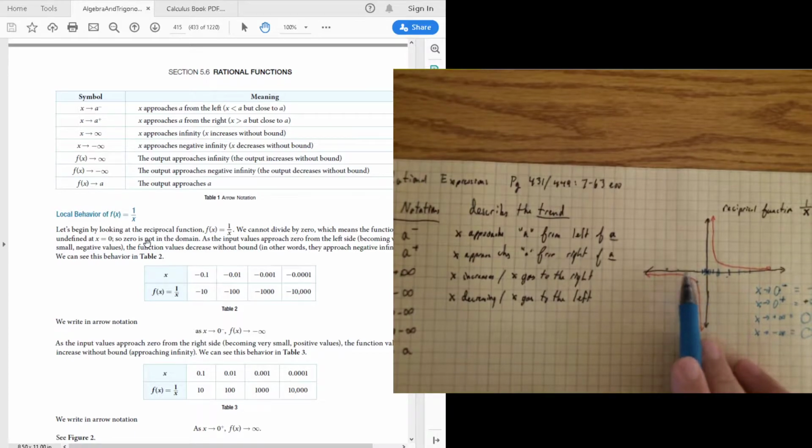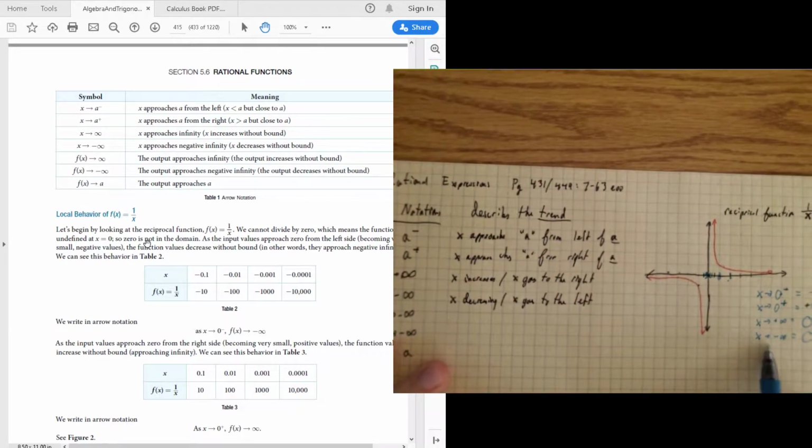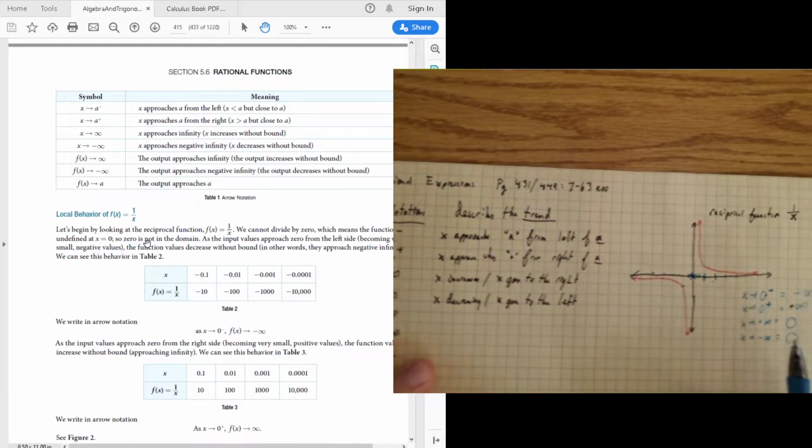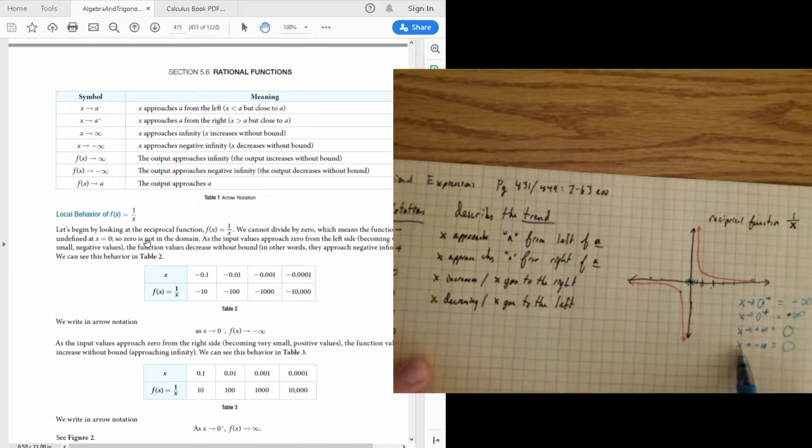As we get farther and farther to the left, what's happening to our graph? Well, it's getting closer and closer to 0. And so as x goes towards negative infinity, our value is 0. So that's how you read a statement like this. As x goes towards negative infinity, so that's to the left, our value is equivalent to 0.